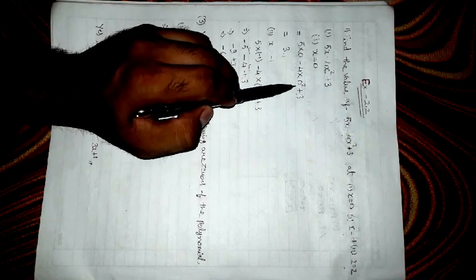So 5 as it is, instead of x I have taken 0. Between 5 and x there is no sign, which means we have to multiply. Minus 4 as it is, into 0 square, plus 3. So these two terms will be 0, and finally we will have 3.